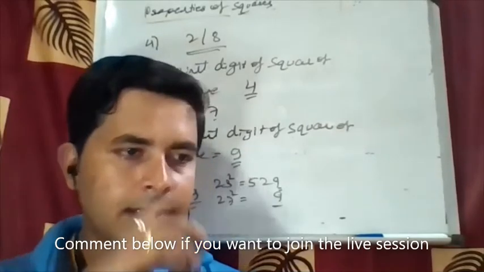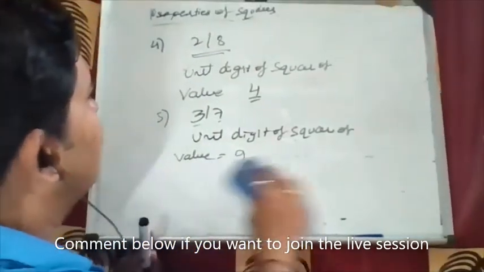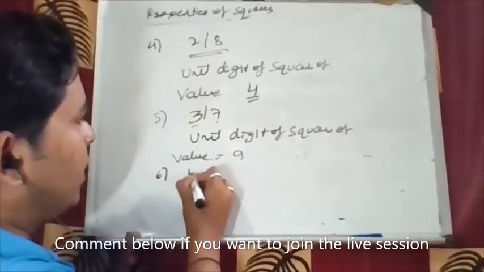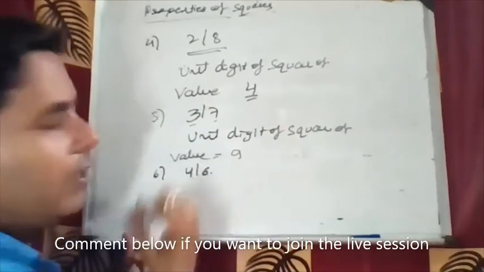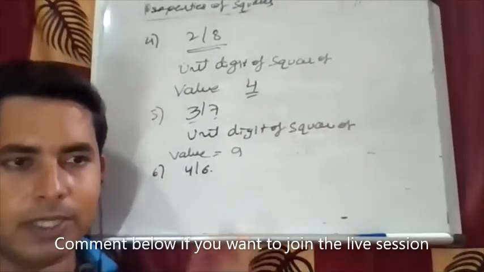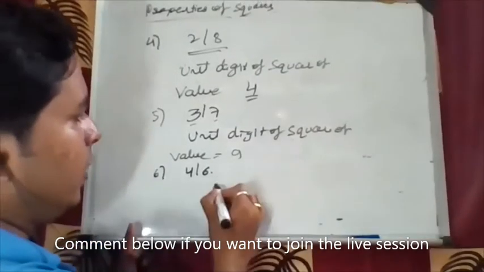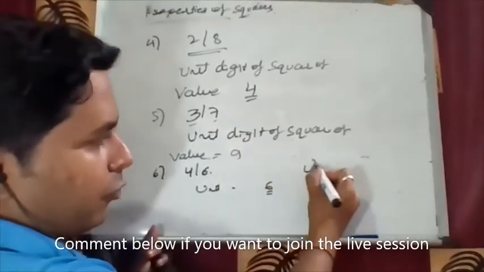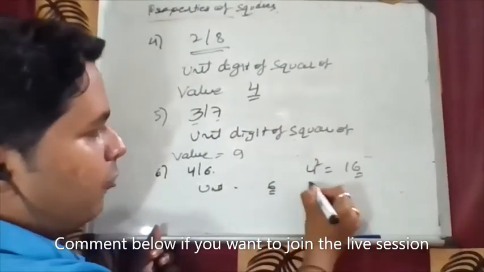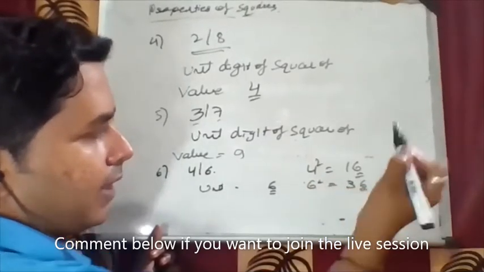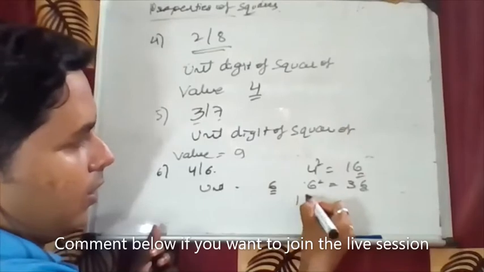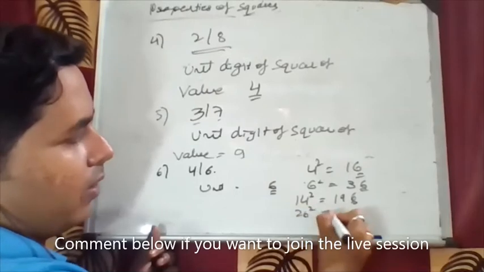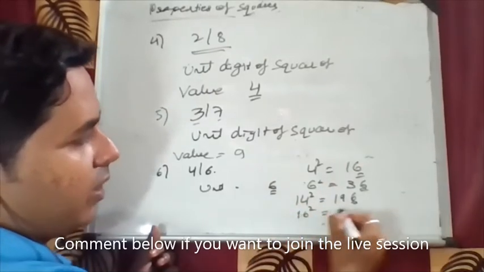Similarly, the next remaining one: what is left now? We did 3 and 7, now 4 and 6. If you are finding the square of a number ending in 4 or 6, the unit digit of the square is always 6. See, 4 squared is 16, we get 6. 6 squared is 36, we get 6. 14 squared is 196, we get 6. 16 squared, you will get a 6.